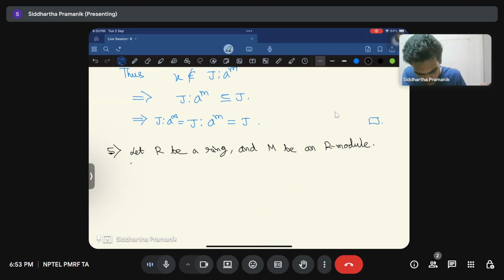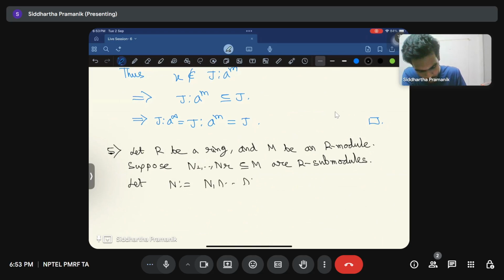Now suppose N1 up to Nr, subsets of M, are R-submodules. Now let N equal the intersection of N1 up to Nr.